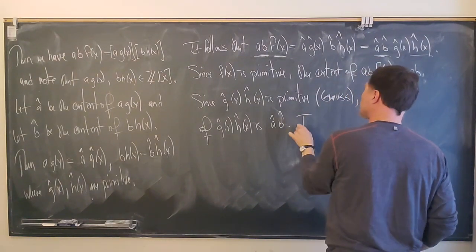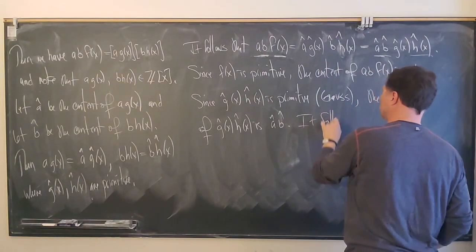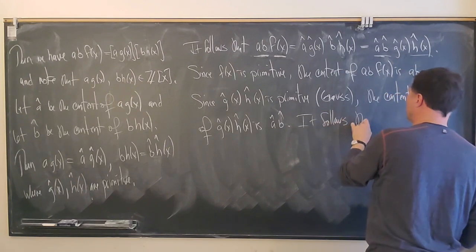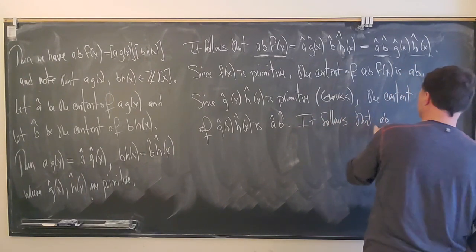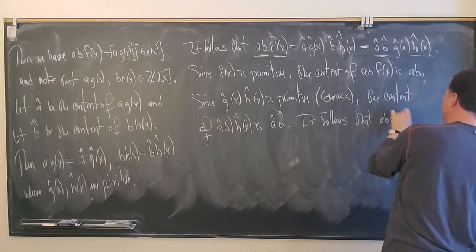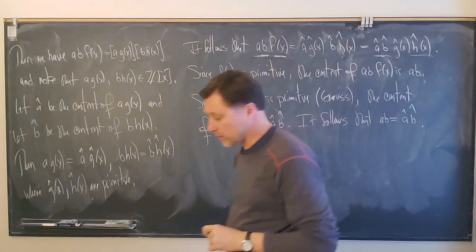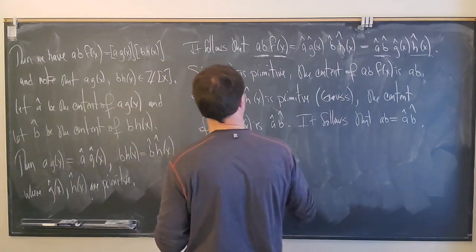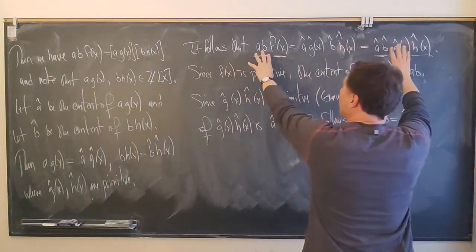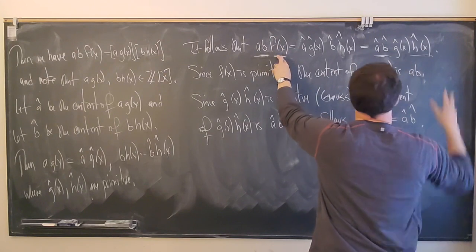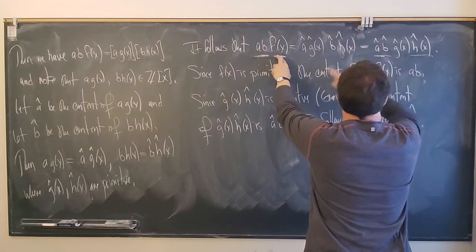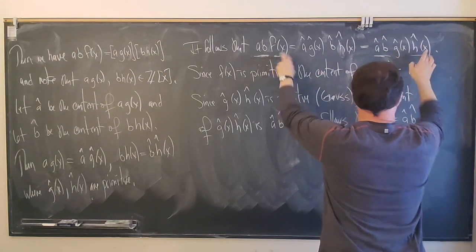So it follows that AB is exactly equal to a hat b hat. And so what does that mean then? That allows us to conclude, when I divide both sides by AB, that f of x is equal to g hat of x times h hat of x.